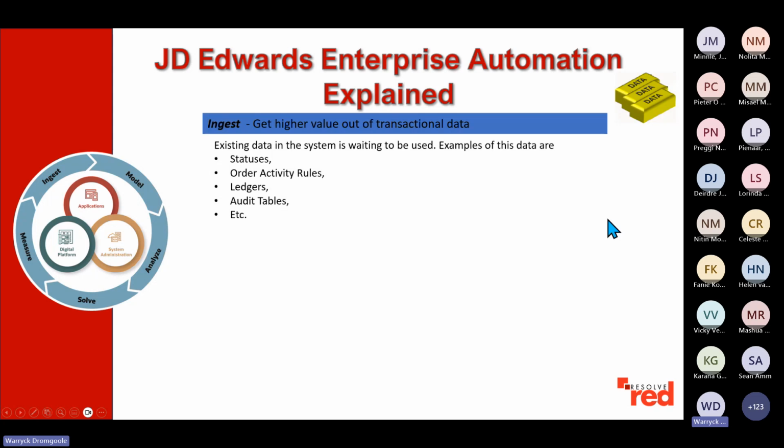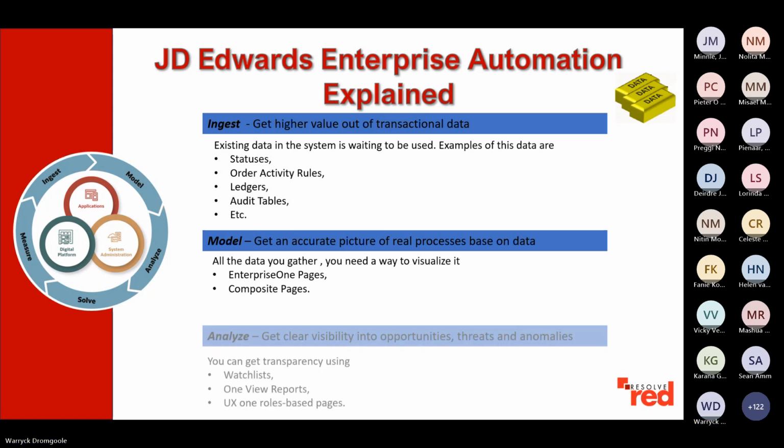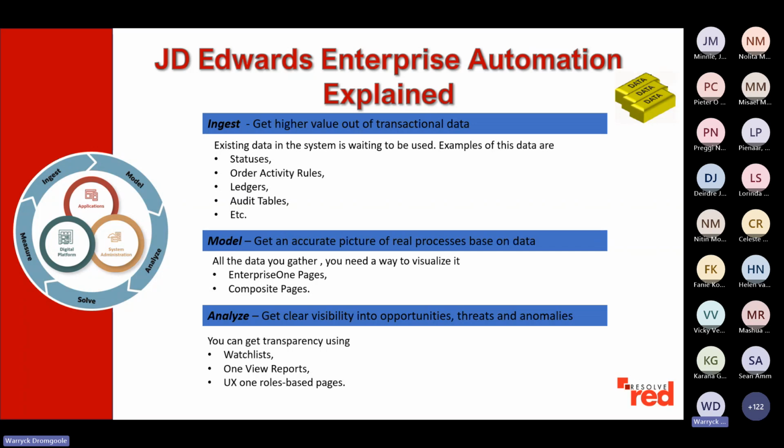If we look at ingest, to get higher value out of your transactional data, your existing data in the system is waiting to be used. Examples of this data are your different statuses, your order activity rules, ledgers, order tables, etc. Model is to get an accurate picture of your real processes based on data. All the data you gather, you need a way to analyze or visualize it. You can do that through Enterprise One pages and composite pages. Analyze is to get clear visibility into opportunities, threats, and anomalies.